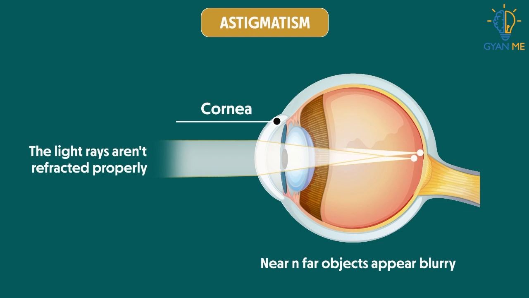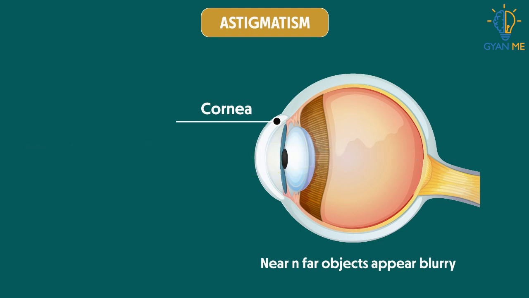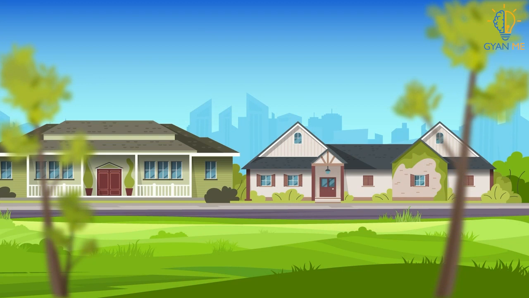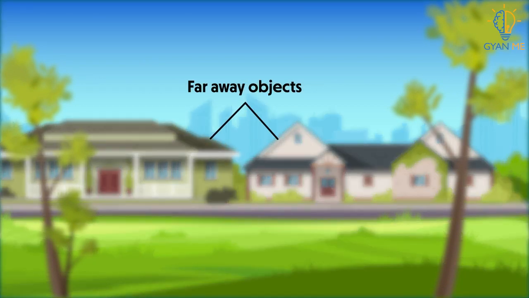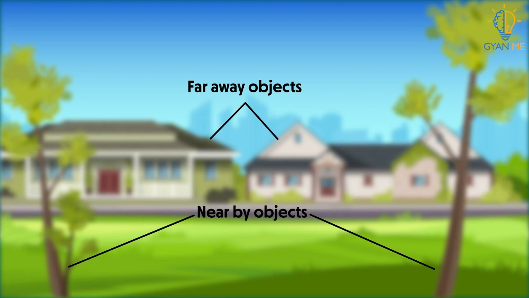Okay, so remember that the lens and muscles are perfectly fine in this condition. So just like presbyopia, in astigmatism also, a person cannot see both near and far objects clearly. But remember, in both cases, the causes are different.